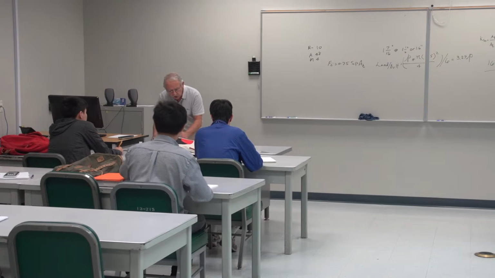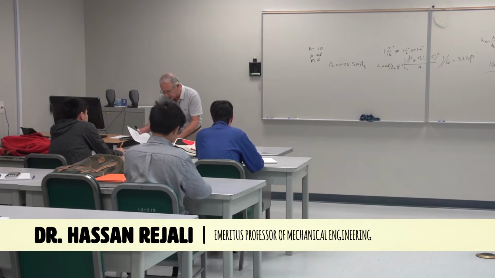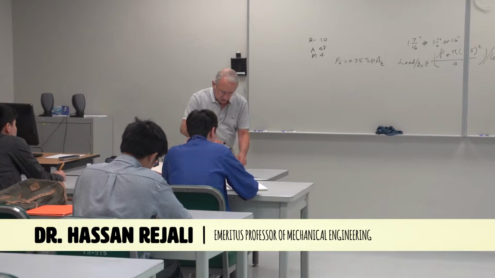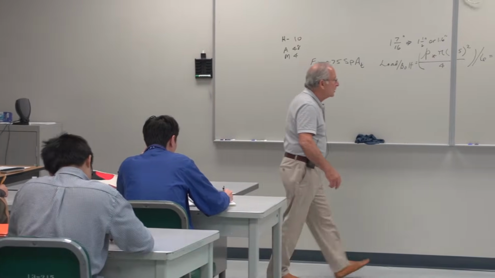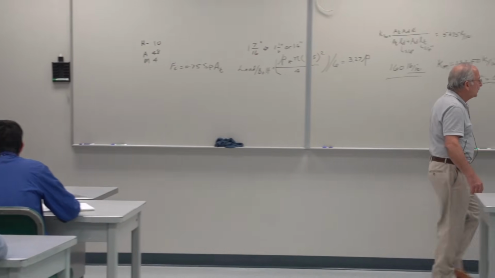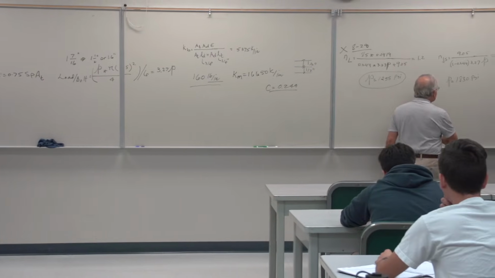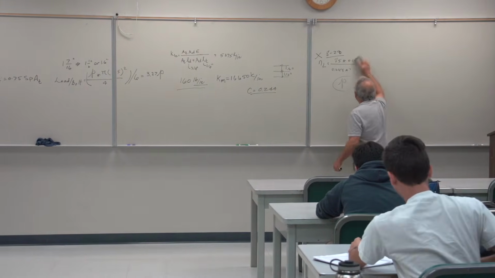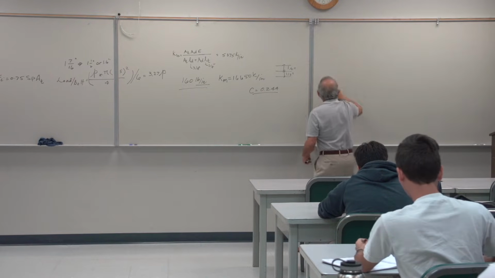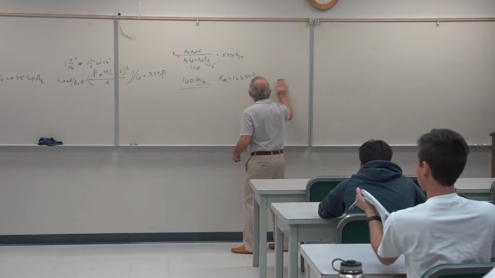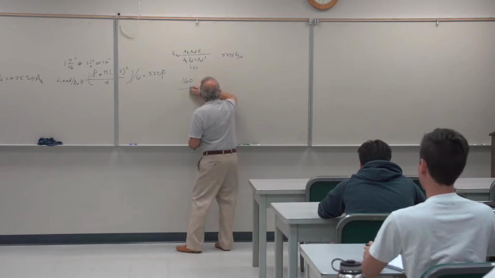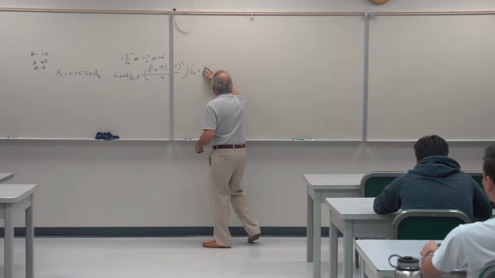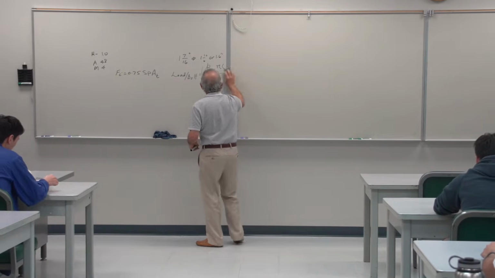Let's then continue with what we were talking about last time, which was shear stress in riveted or bolted connections. If you recall, we said that the shear force in the bolt comes from two sources.